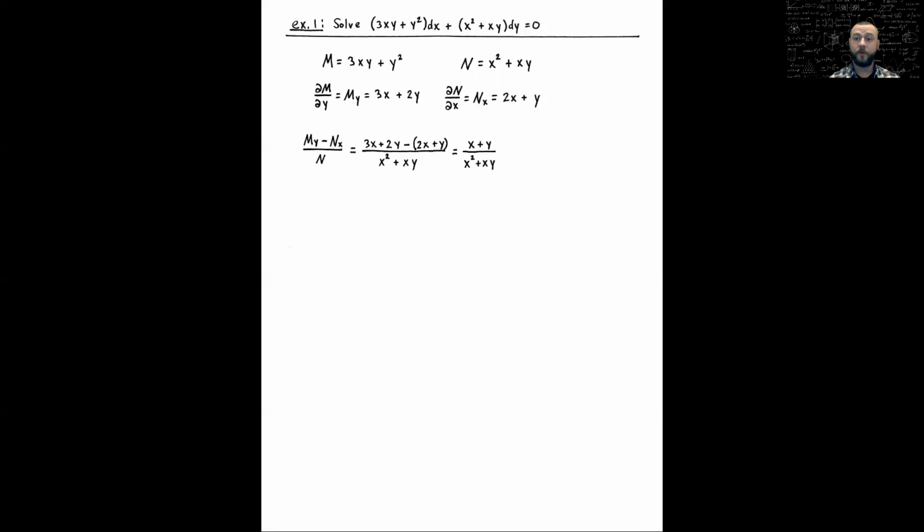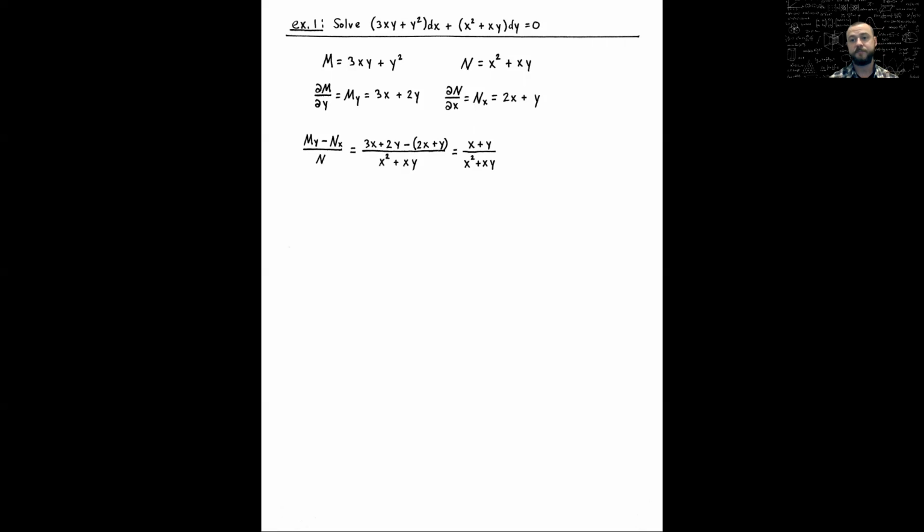All right, so what we can do is use maybe our first formula for the integrating factor, the function only of x part, M sub y minus N sub x divided by N. And we are careful with our signs, using parentheses for the subtraction sign.